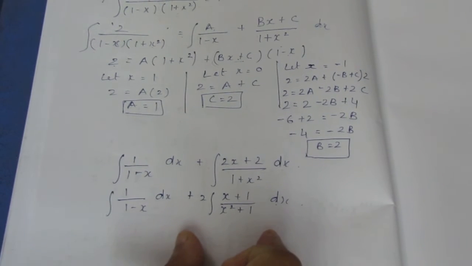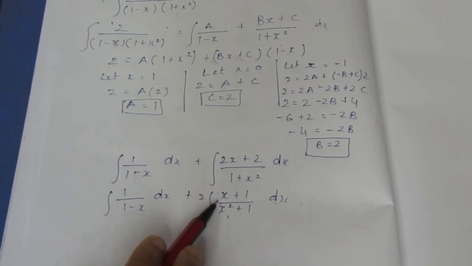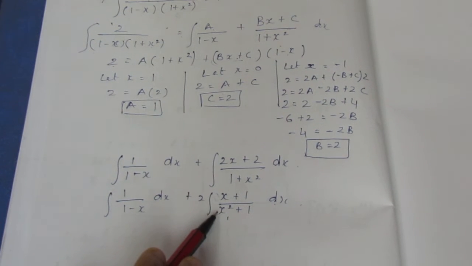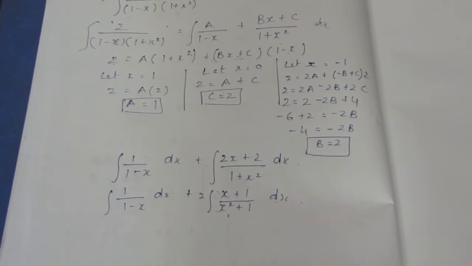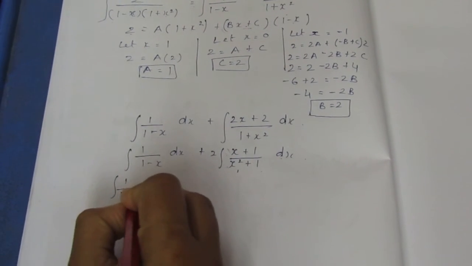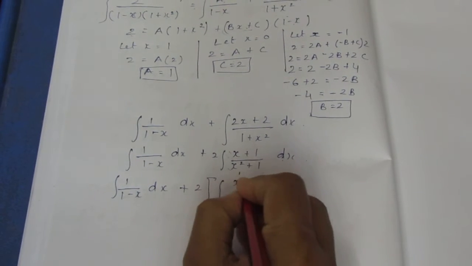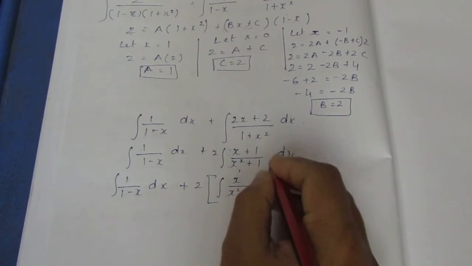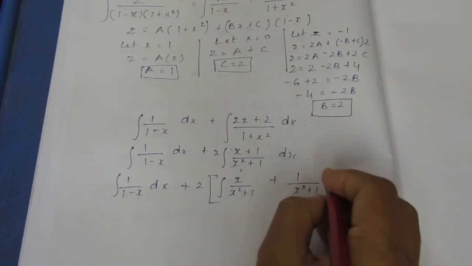Now we can't do the sum as it is because we don't have any specific formula for that. I am going to take the x value separately and the 1 value separately. It becomes integration 1 by 1 minus x dx plus 2 common, here taking x alone, and here plus 1 by x square plus 1.